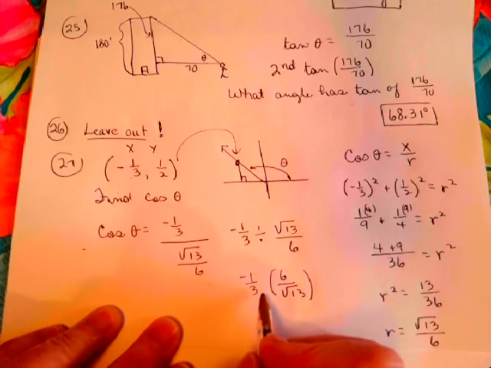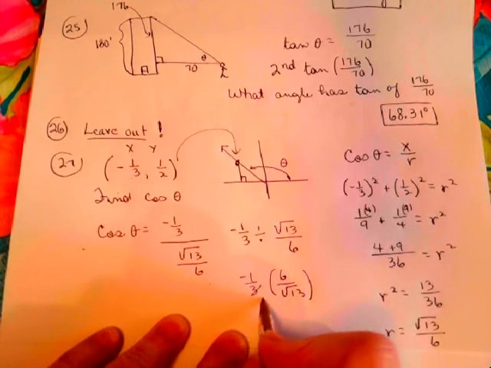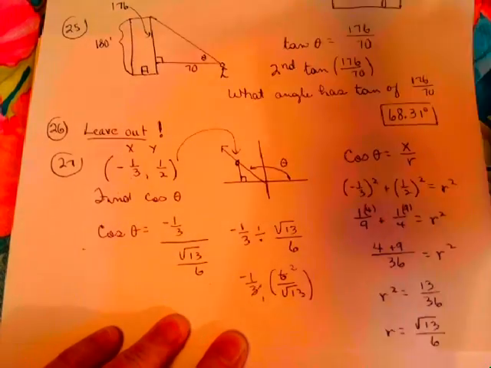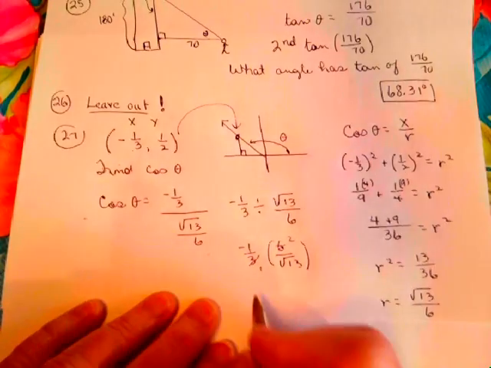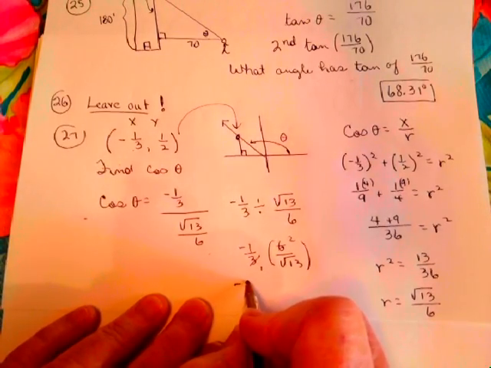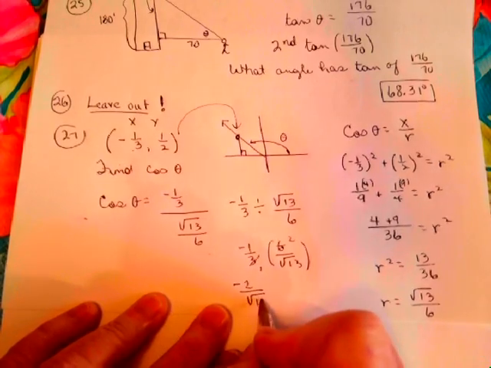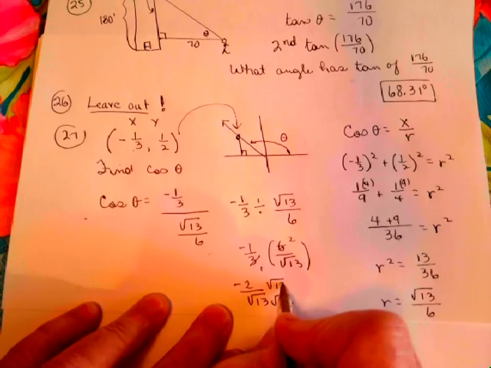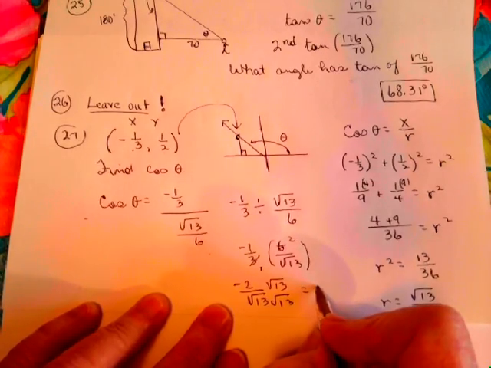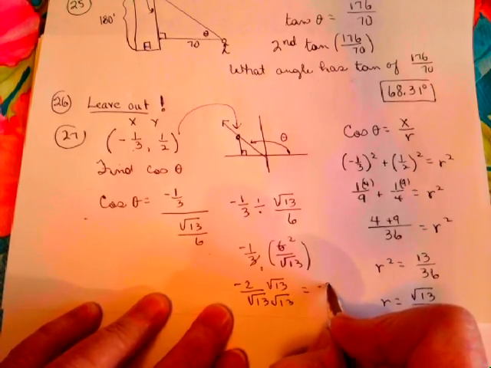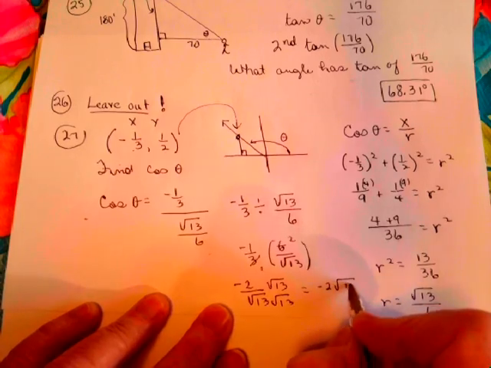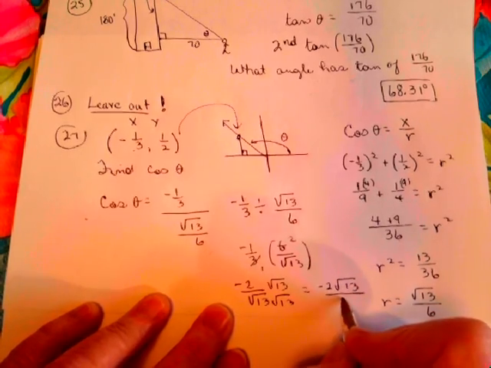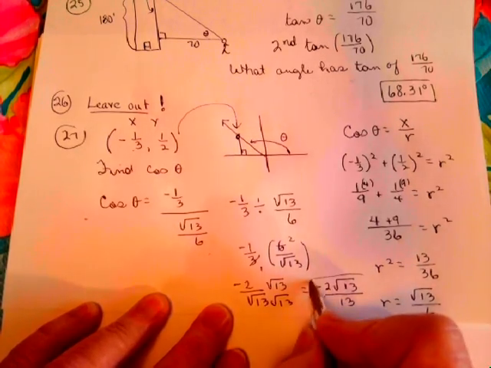Three goes into 6 2 times. That's going to cancel out. I have negative 2 over the square root of 13. Rationalize the denominator. Final answer, negative 2 times the square root of 13 all over 13.